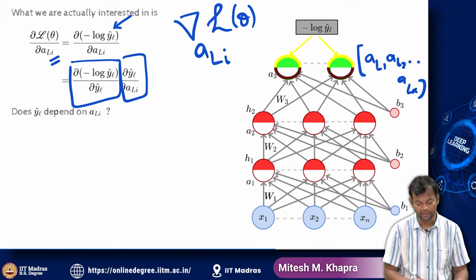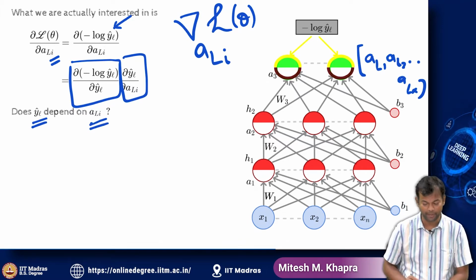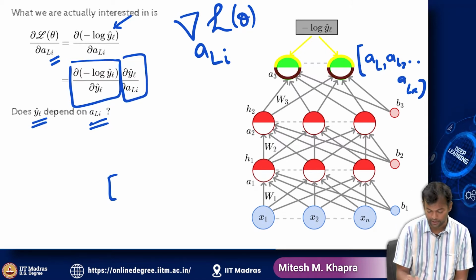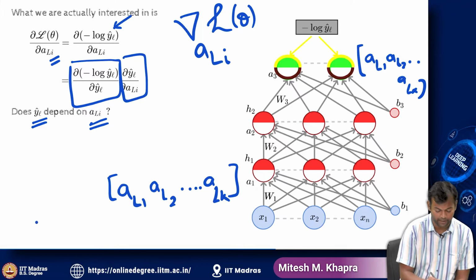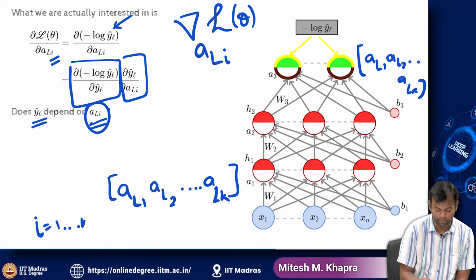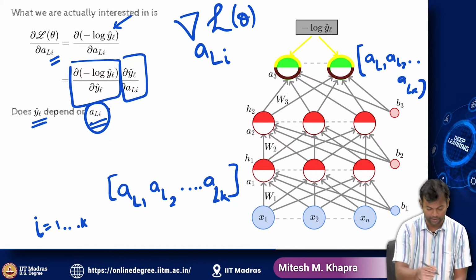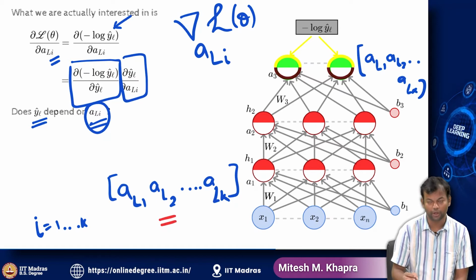And now the question is, does y hat l depend on aLi, right? So what am I asking? This is what my a vector looks like, okay. And my i here is anything from 1 to k, right. Let's again consider the case when the correct output was 2.